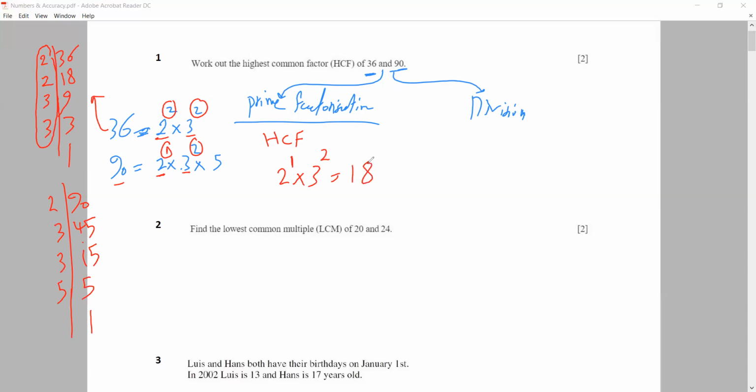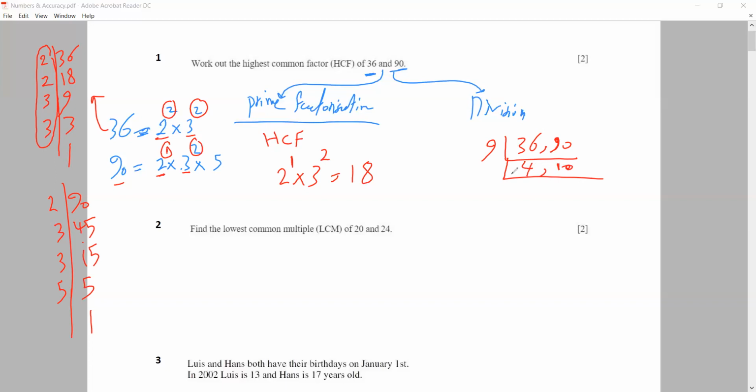So 18 is the highest common factor, or the biggest number that both of these numbers can be divided by. For the division method, you write both numbers down and see what is the biggest number that you can divide both by. Well, 9, I think, works well here. It gives me 4 and 10.